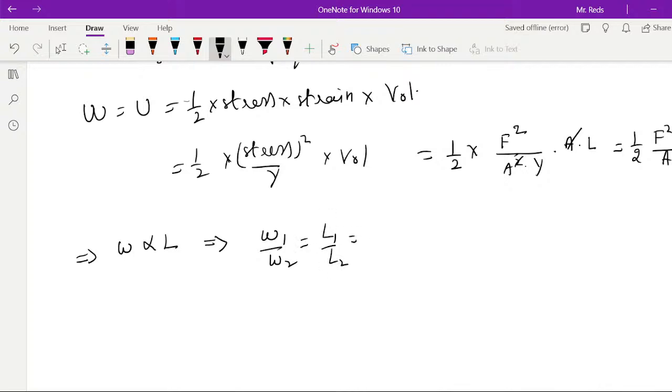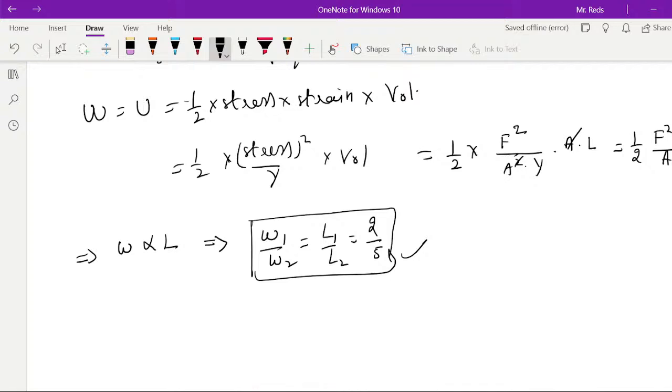Very simple, right? Lengths are in the ratio of 2 is to 5, so work done also will be in the same ratio, 2 by 5. That's it, this is your answer.